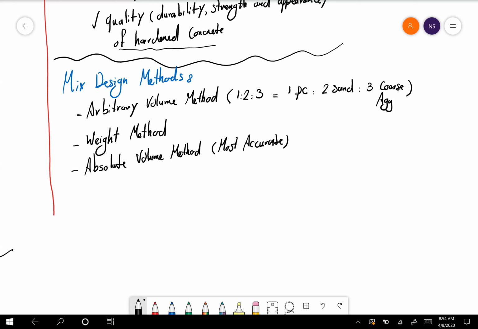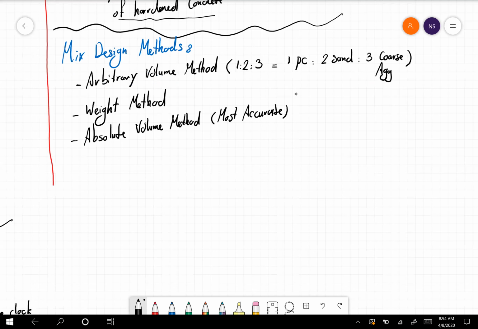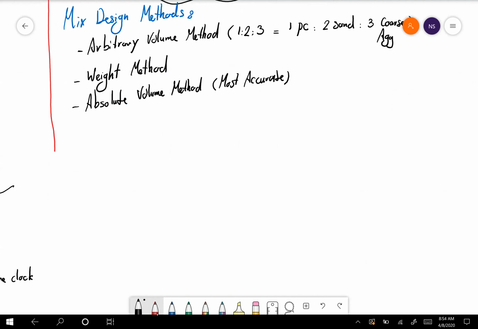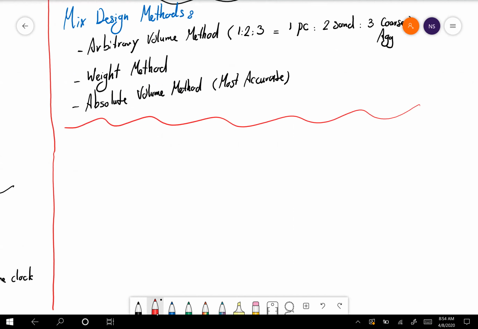And also, most of the time when we are doing the mix design, we are designing by volume, right? So this will be the most usual type of design method.